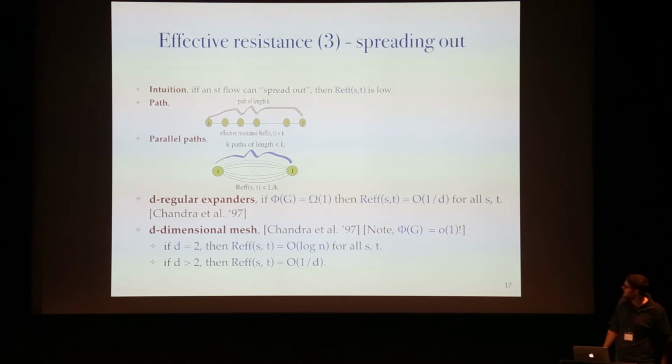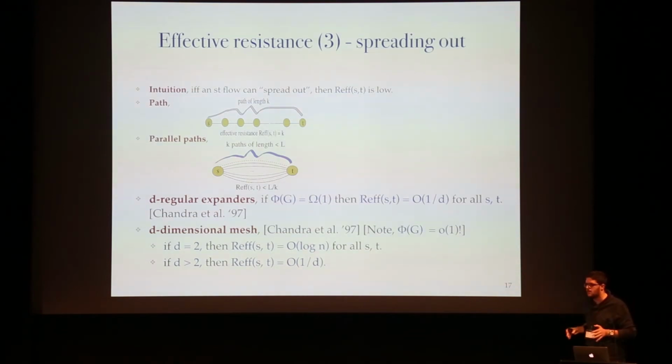And by the way, for the expander, this is more or less what you would expect, because in an expander you have many paths, so you can spread out fairly easily. Then we have the curious case of the d-dimensional mesh, which is a very bad expander. If d is larger than 2, you have the same electrical property as the expander, in that the flow can spread out very easily. But then you have this phase transition at 2, which prohibits the flow from spreading out easily. So you have the resistance bound of log n.